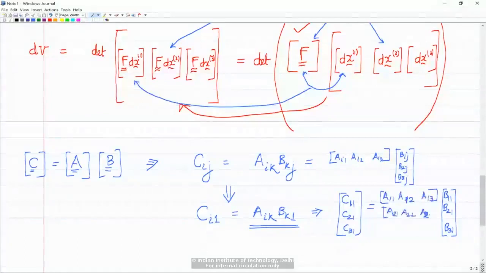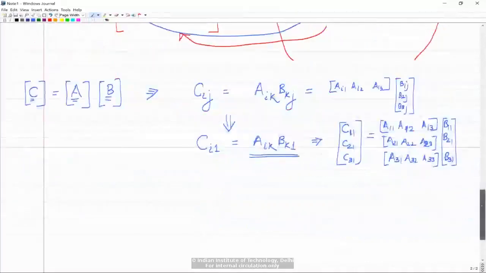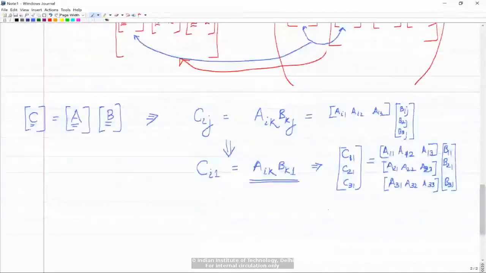Multiply with the first column of B. So each time you have the same B. Similarly, C31 is the third row of A and multiply with the first column of B. But you see this whole thing finally is giving you the first column of C.